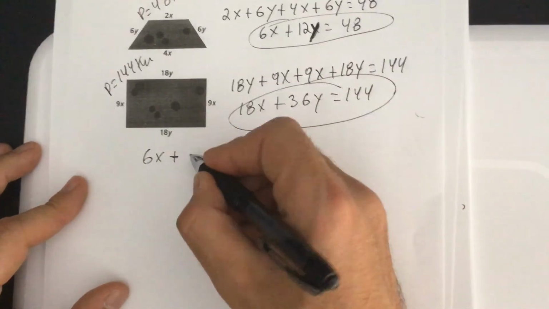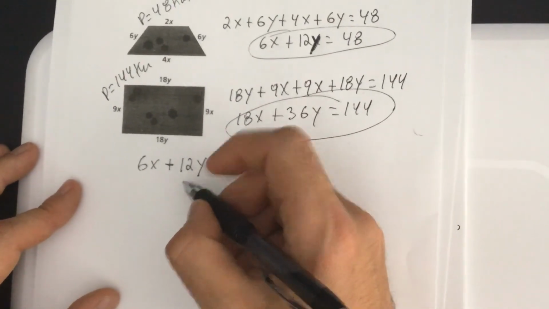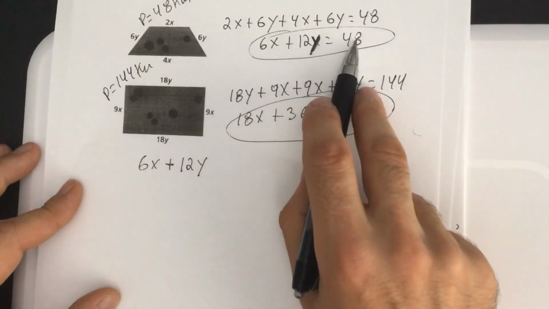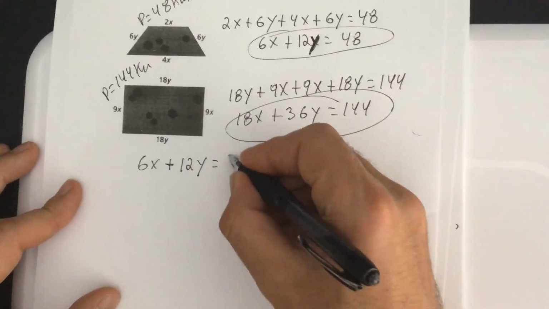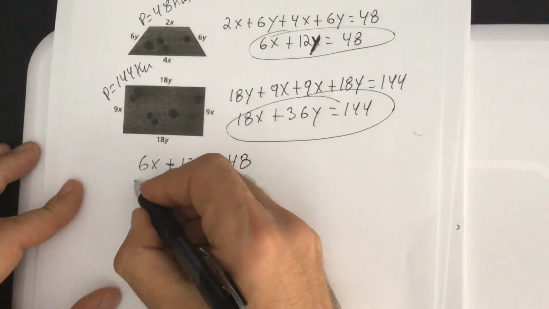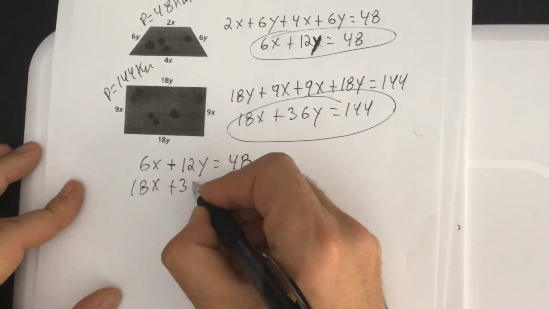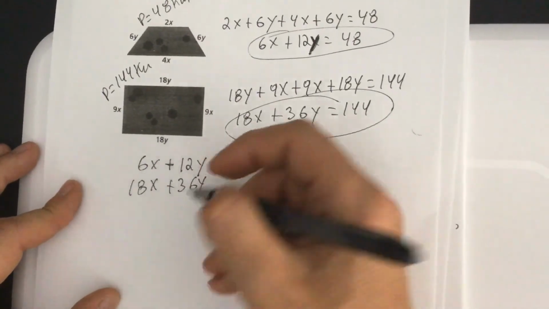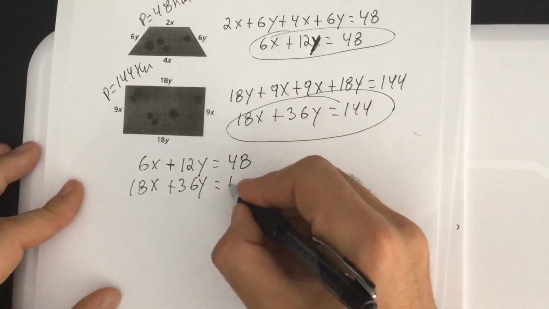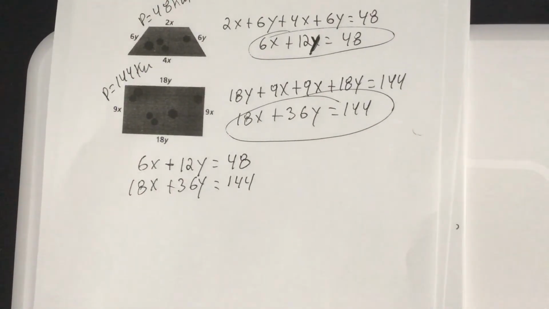So 6x plus 12y equals 48 and 18x plus 36y equals 144. I'm gonna be creating the opposites, right? I can multiply the top one by -3. If I do that, I'm gonna create the opposite of 18x, which is -18x.